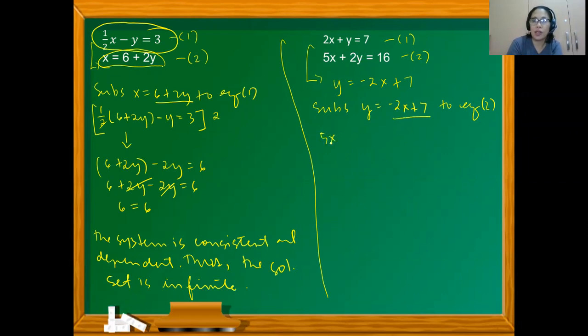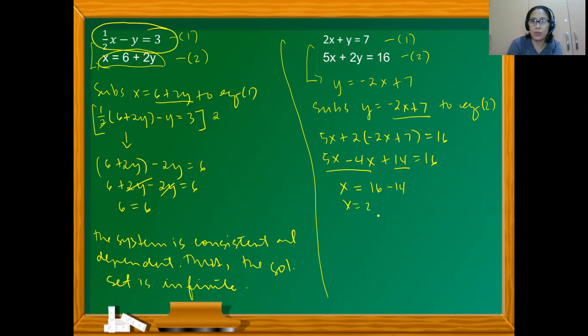So we have 5x plus 2 times (negative 2x plus 7) equals 16. Okay, so we have 5x minus 4x plus 14 equals 16. So 5x minus 4x is x. And then we'll transpose this on the other side. We have 16 minus 14.